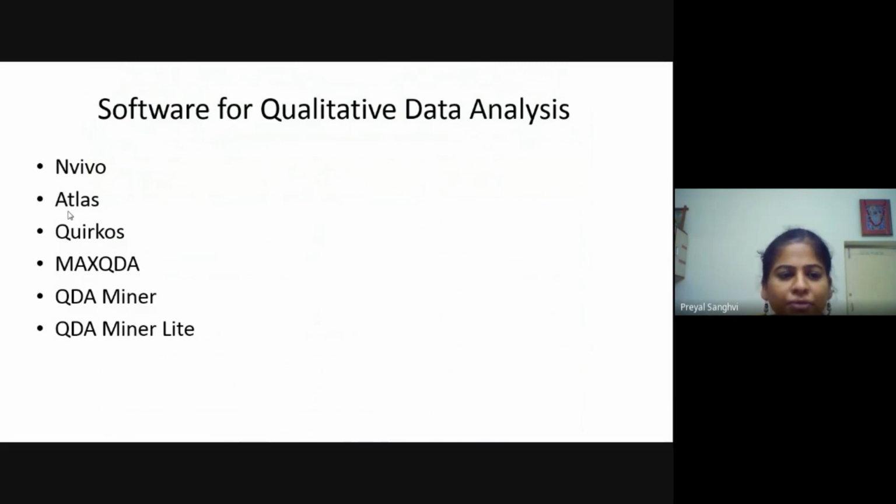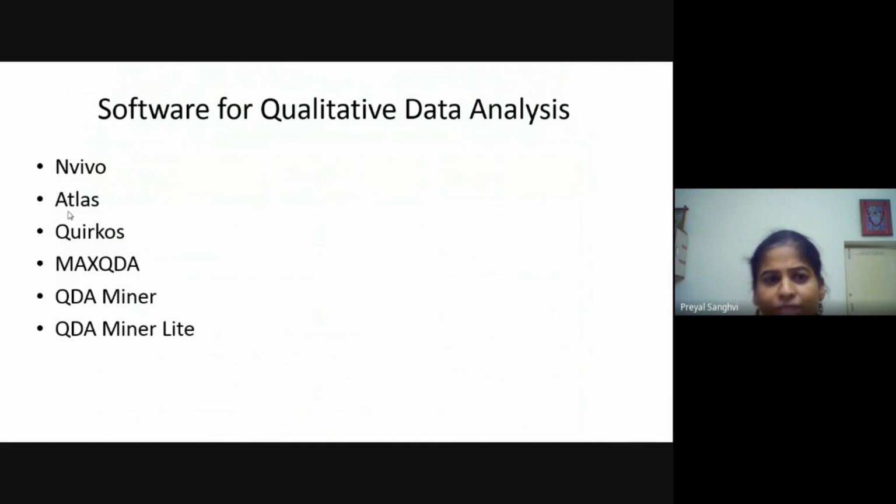So in this particular session, we have discussed how to code the qualitative data. Basically, we have discussed the meaning of qualitative data. We have discussed data collection methods like focus group, personal in-depth interview, and observation. These are the different data collection methods that we can use for qualitative data.